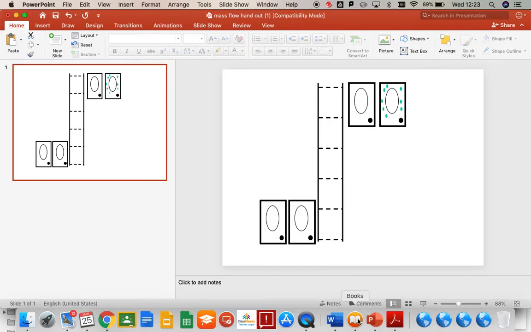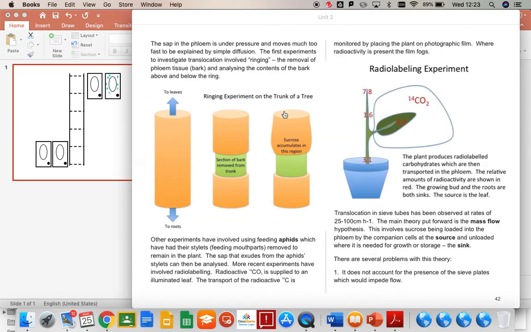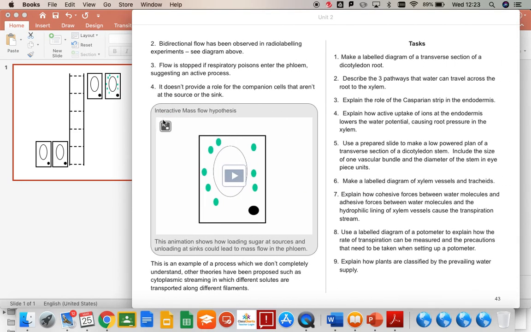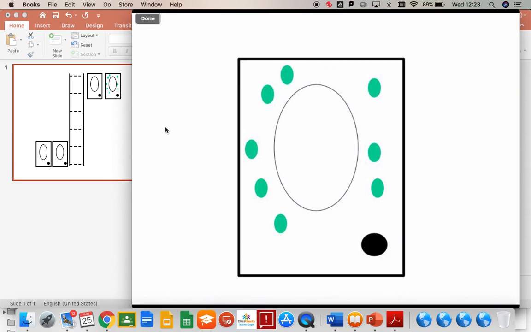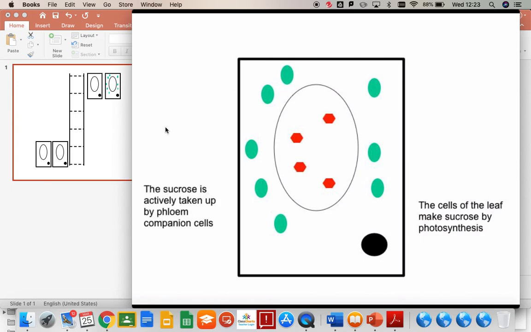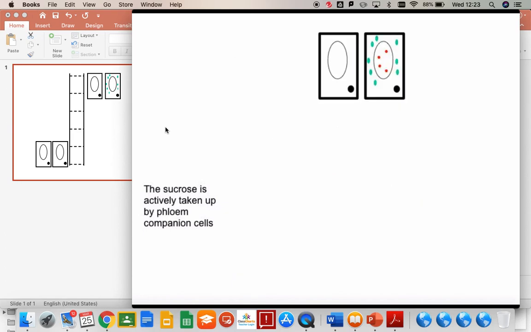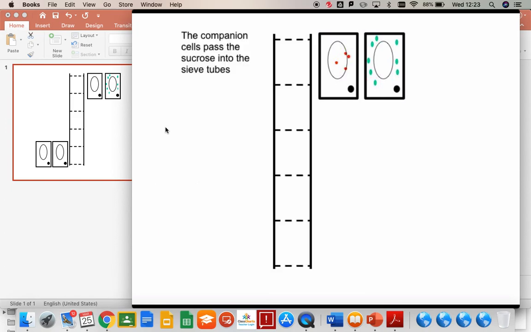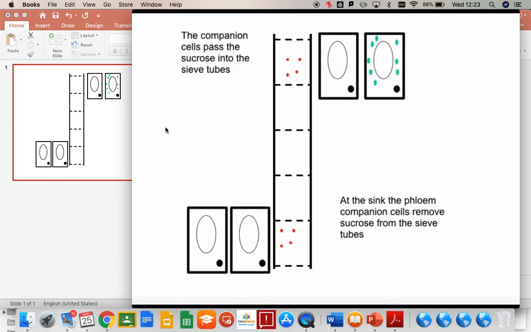So what happens in the plant is that we have the cells in the leaves making sucrose via glucose by photosynthesis, and the companion cells actively take up the sugars and load them into the phloem.